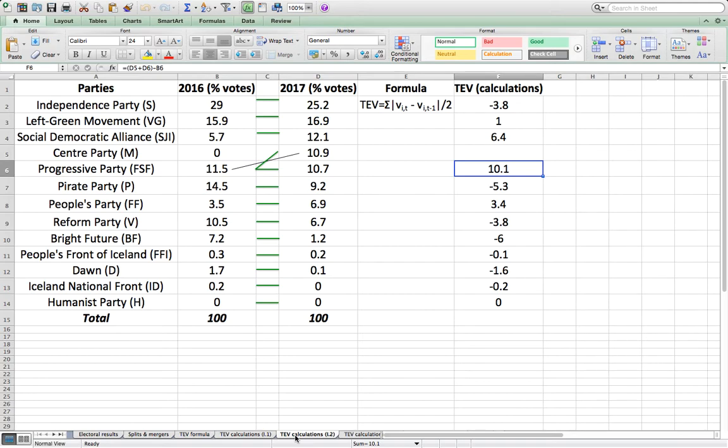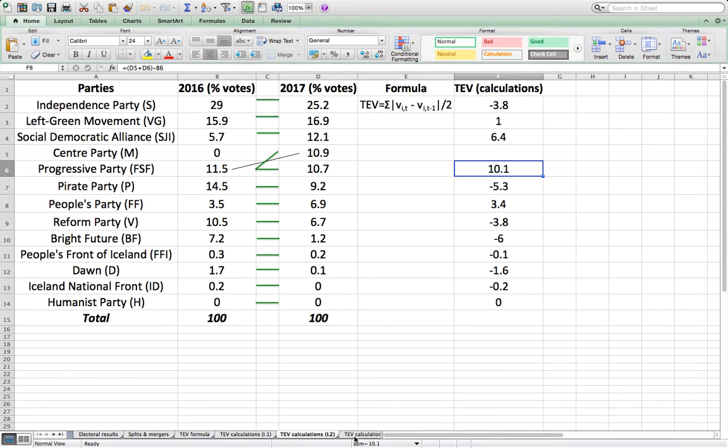So we have to add up the percentage of votes of the Center Party, 10.9, plus the percentage of votes of the Progressive Party in 2017, 10.7, and subtract that sum from the percentage of votes of the mother party in 2016, 11.5.